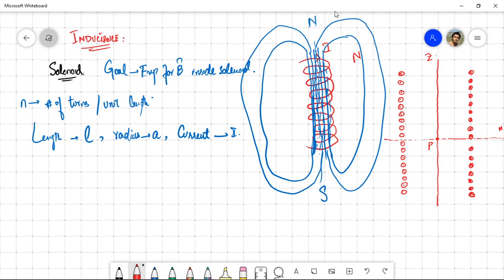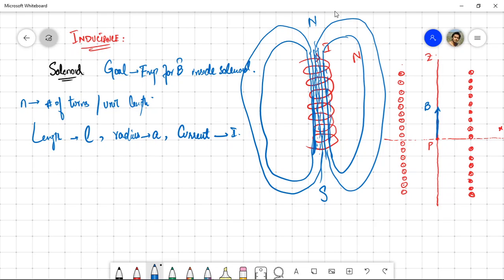If this is the direction of current, we'll try to figure out the direction of B. You curl your fingers in the direction of current, and your thumb will point towards the direction of B. If you take your right hand and curl your fingers in the direction of current, coming out of the screen here and going into the screen there, you'll see that your thumb is pointing in this direction. So this is basically the direction of B. It is in the z direction.